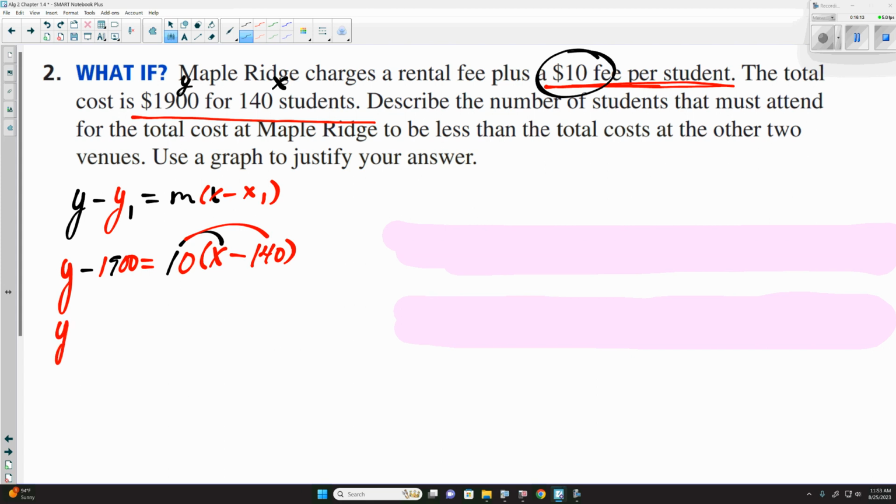Now we distribute the 10. 10 times x would indeed be 10x. 10 times 140 is 1400.